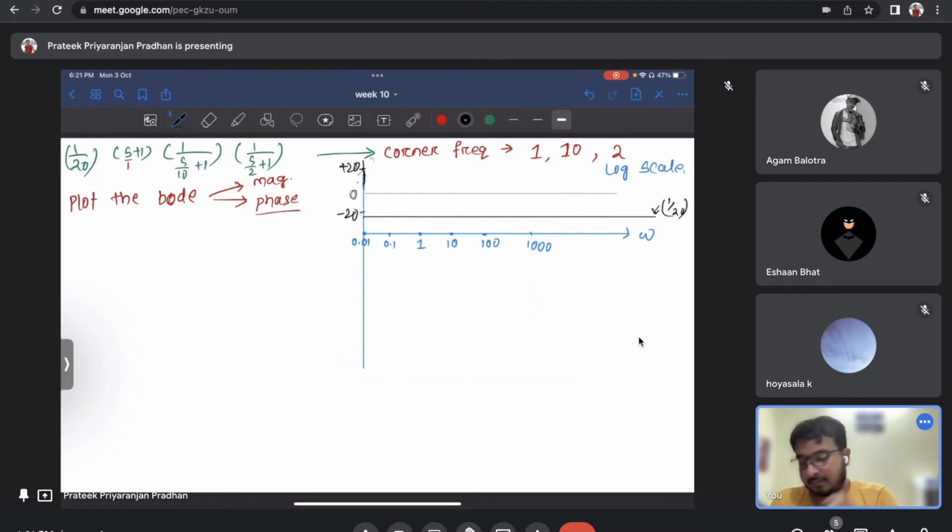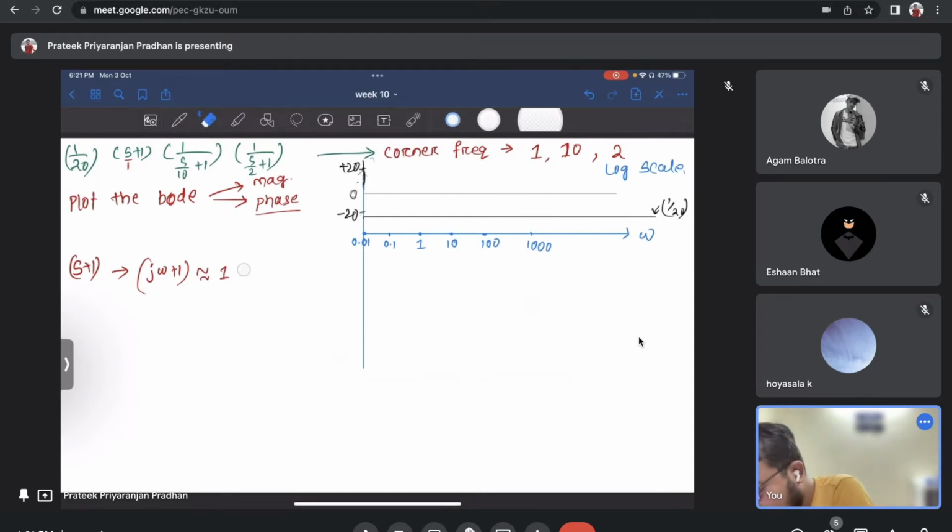Next, for s plus 1, its corner frequency is at 1. So let's analyze s plus 1. We can write it as j omega plus 1. For lower frequencies, before the corner frequency of 1, it will be almost approximated as 1, which means 0 dB in the dB scale.